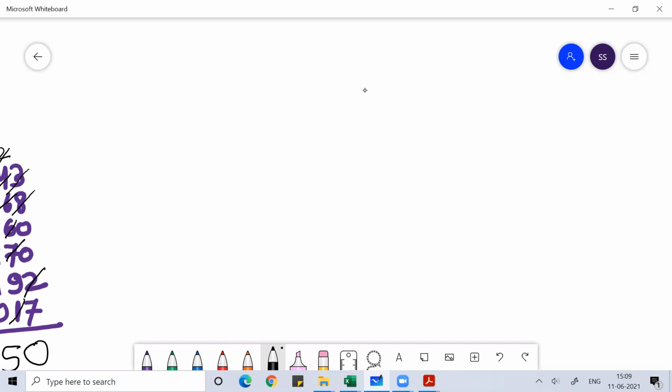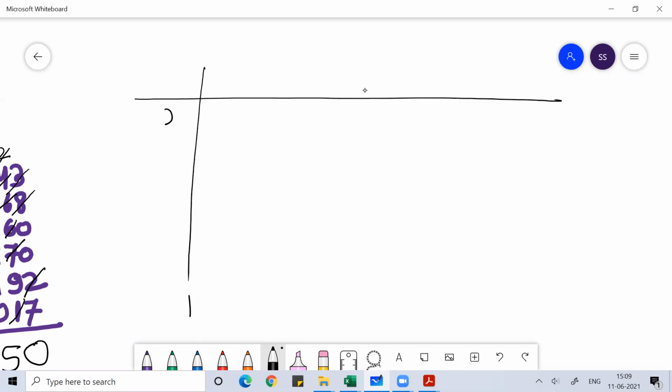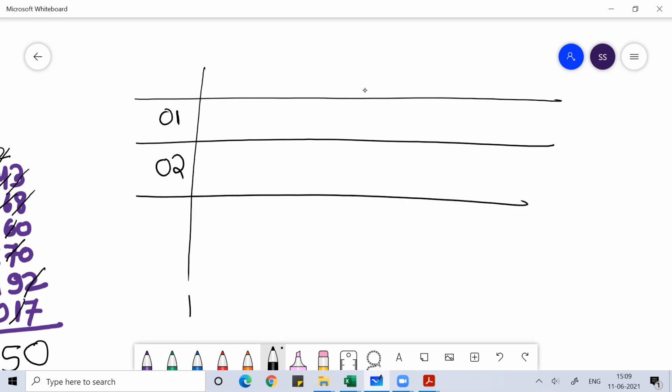Solve this question. Determine the initial basic feasible solution by least cost method. This is O1, this is O2, this is O3.